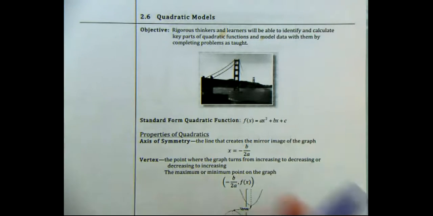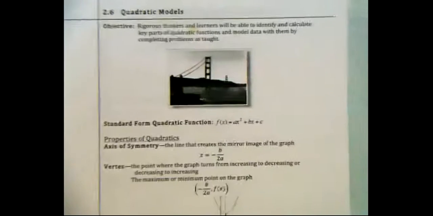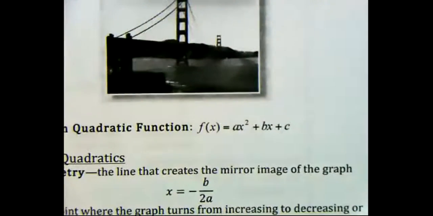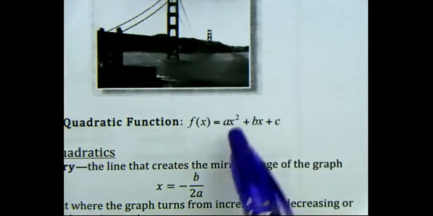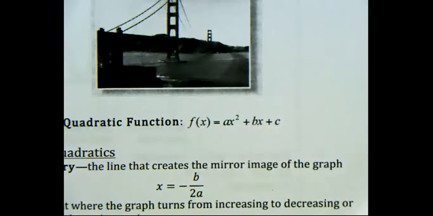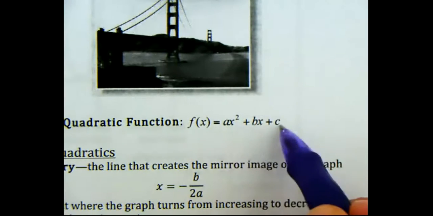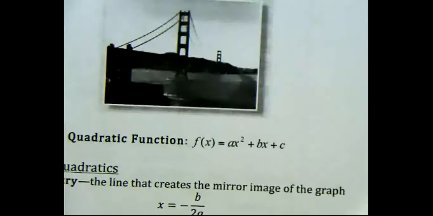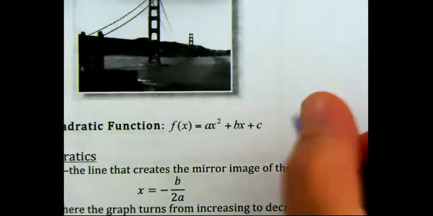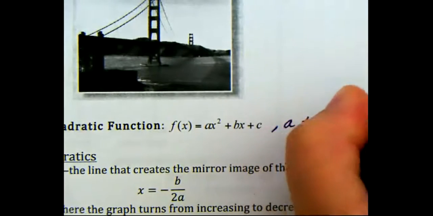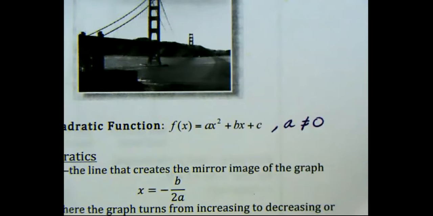And if you guys remember, standard form of the quadratic function, f of x is equal to ax squared plus bx plus c. A, b, and c are coefficients. Okay, and for this model, we definitely cannot have a equals 0. That's a big no-no.